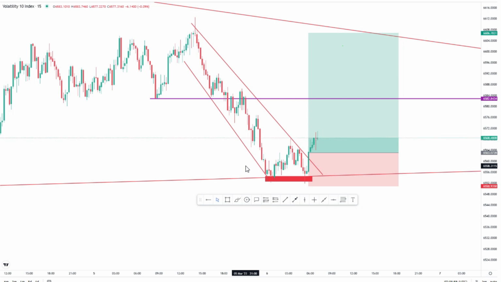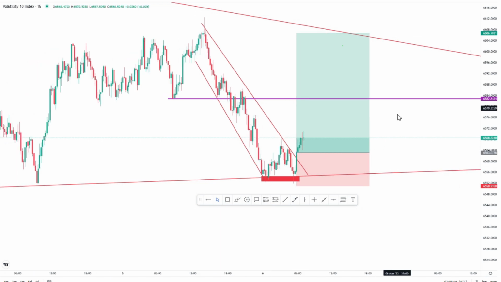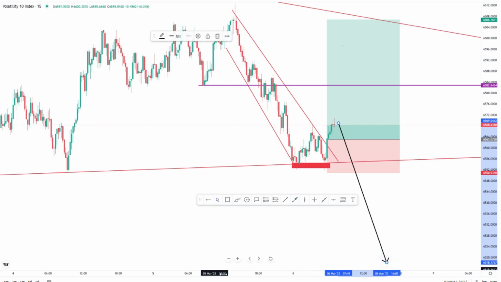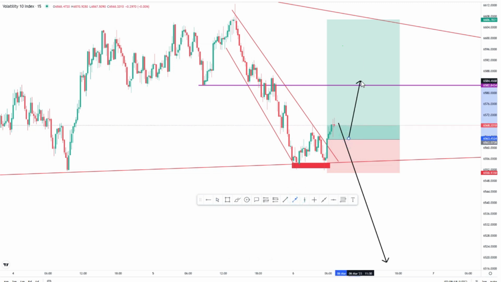All right, so I think this is nice, and I will probably bring you the outcome of this trade. Either the price hits my stop loss and continues moving down to the level, or the price hits my TP1 or my TP2.